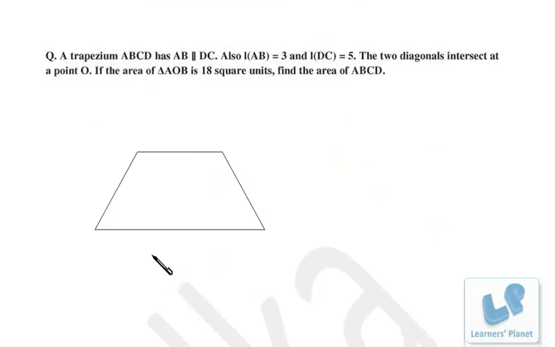Now here we have a problem: a trapezium ABCD, AB is parallel to DC, AB is 3, DC is 5. So that's A, B, C, D. This is 3, this is 5. The two diagonals intersect at point O. I draw the diagonals, so this is the point O. Now, if the area of triangle AOB is 18, find the area of ABCD.